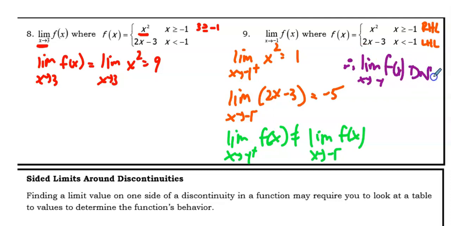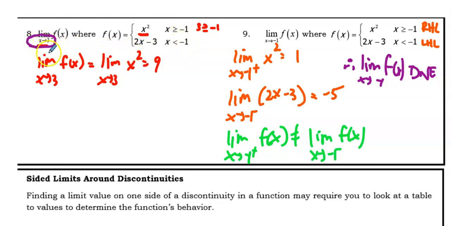Okay? And we've done examples like this before. So if this number was equal to this number, then this answer would be obviously whatever these two numbers are. But again, because they're not equal to each other, then you would say it does not exist. All right? So that's how you do those type of questions. Don't get confused if you're looking at a piecewise function and you see that this number is not this number right here. Then simply find.